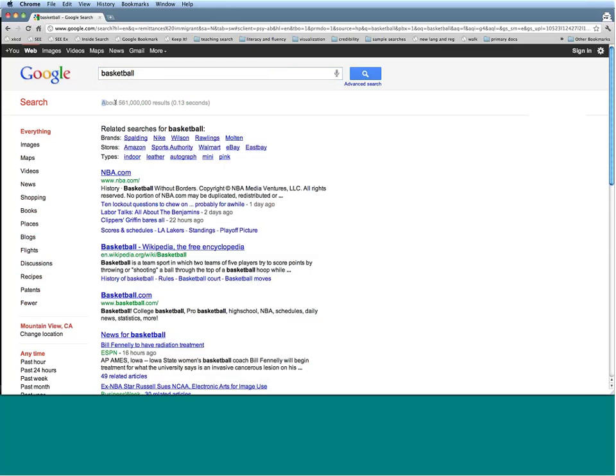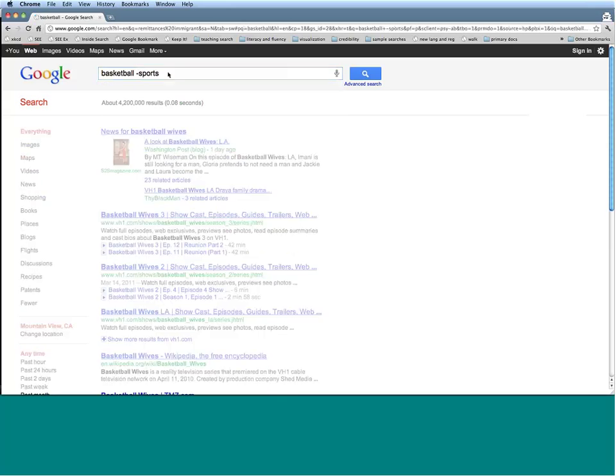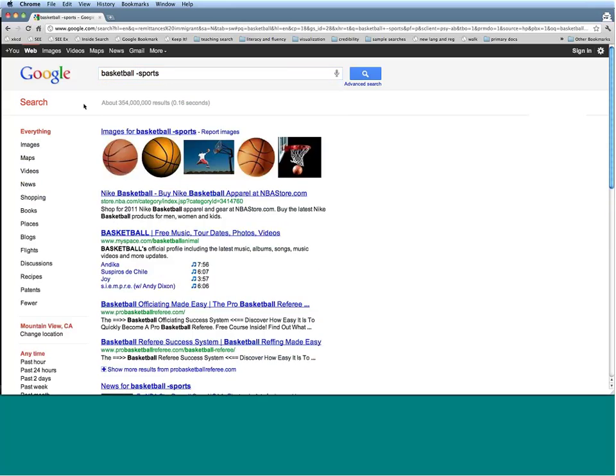She looked right here to see how many results it said we got. And here it was 561 million. When she tried using a minus sign, our number went down, but she said her number went up. So she asked why she was getting more results when she did a search for basketball minus sports than when she just did a search for basketball.